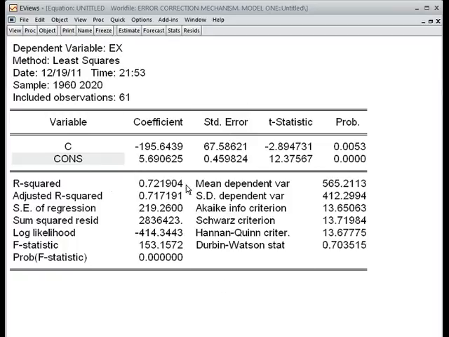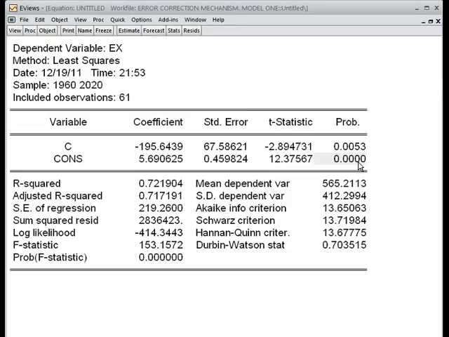Long-run model, and 5.69 is a long-run coefficient, not short-run. This one becomes a long-run coefficient, and we can see it is significant.